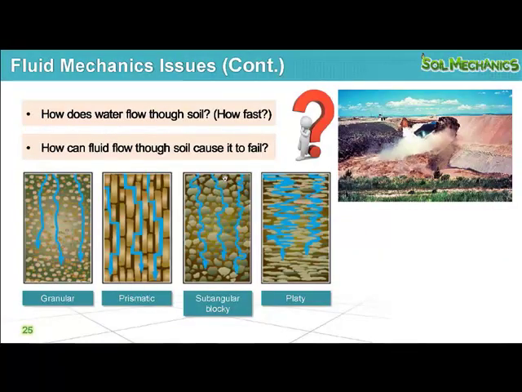For the fluid mechanics issue: how does water flow through soil, and how fast? You can see in the picture different soil types. This one is granular soil; granular refers to sand or gravel.